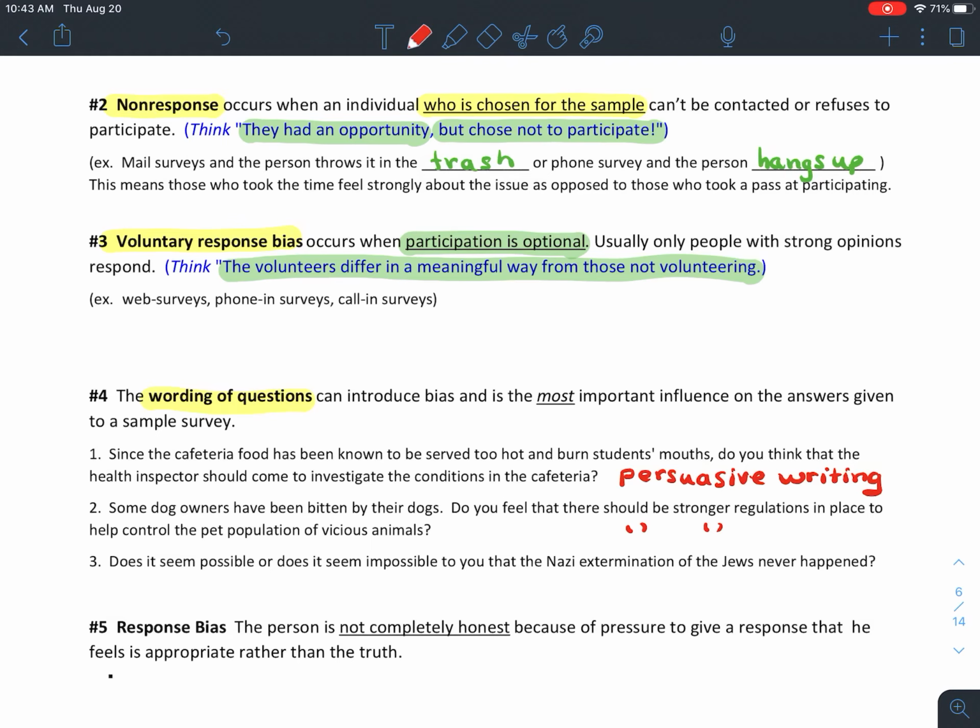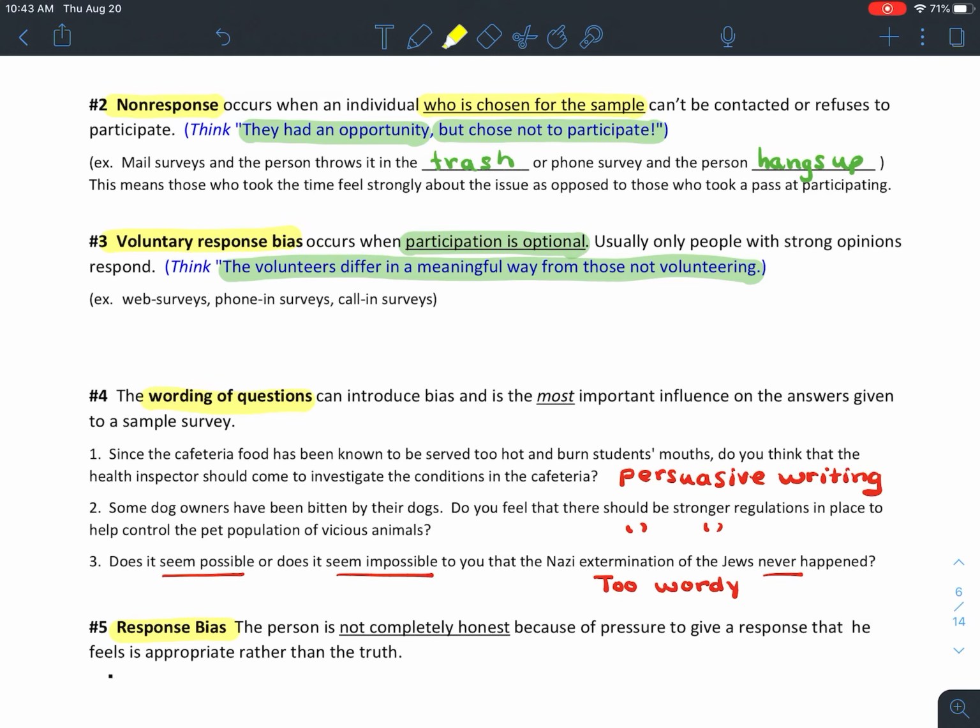Now, this question right here was too wordy. They're using all these double negatives, and if someone said yes to this or no to this, we're not totally sure what their view is because of the way it is worded. So that is a very badly worded question.